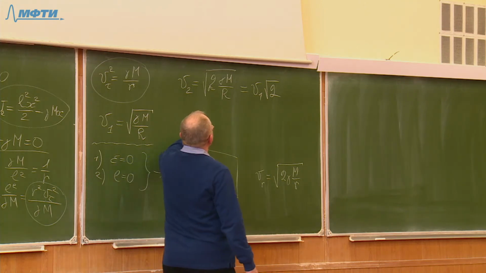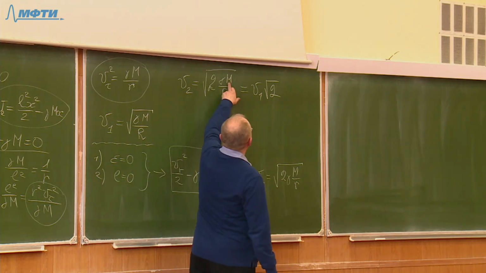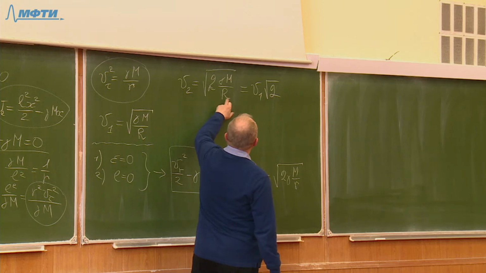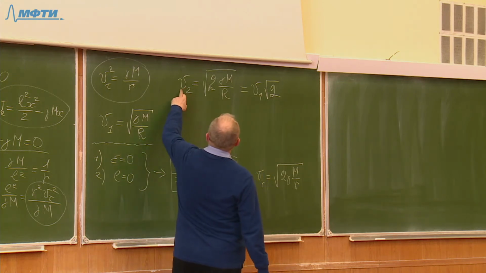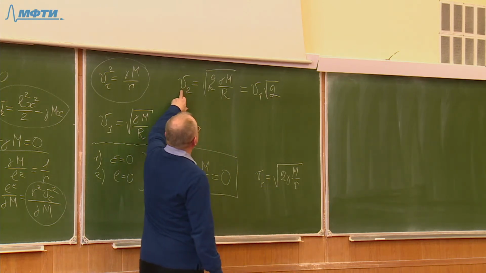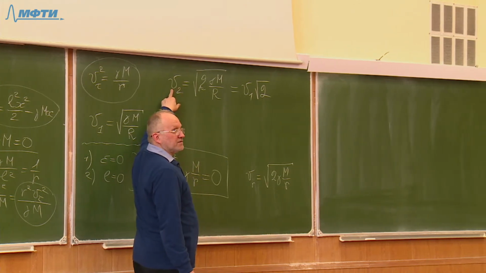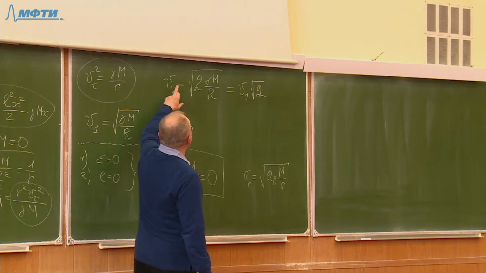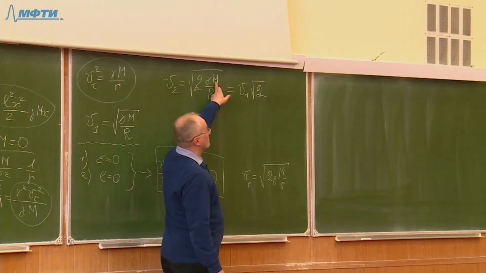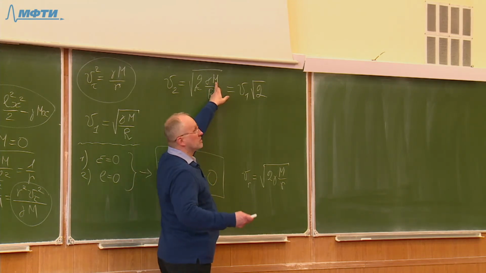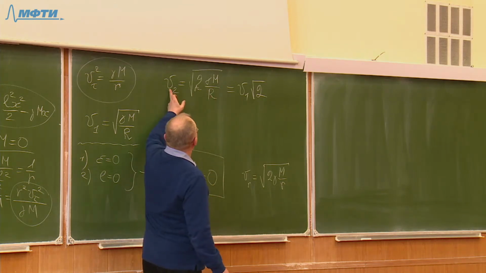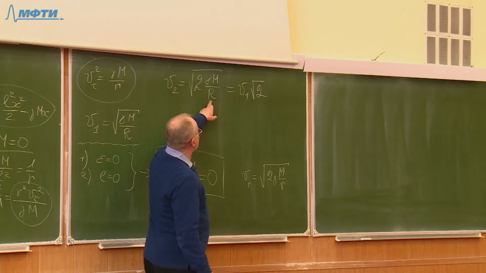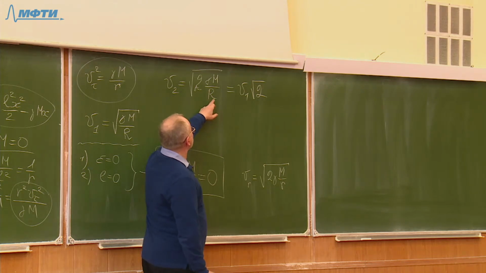there is such a body, such a heavy mass m, with such a small radius, that the escape velocity becomes equal to the velocity of light. You see, the escape velocity is proportional to the mass of the central gravitational body and inversely proportional to the radius of this body.